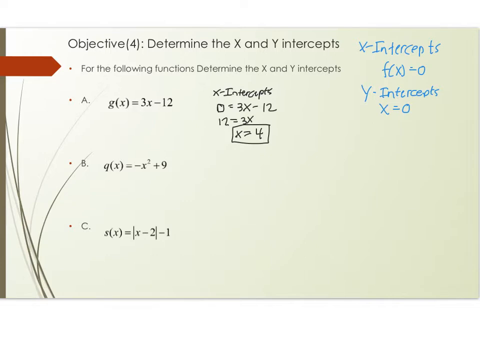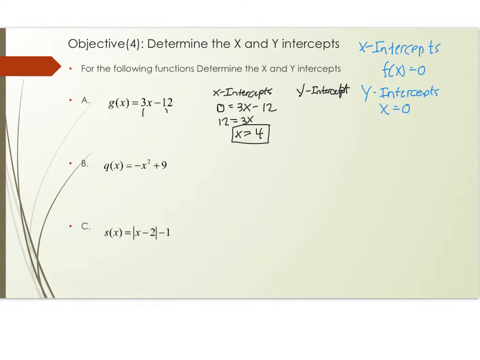The reason why this linear function, you say, oh well, so the x-intercept is at 4, so the line goes through the x-axis at 4. Now the y-intercept is very simple, because in a linear equation, you know that this is the slope and then this is the y-intercept, right?